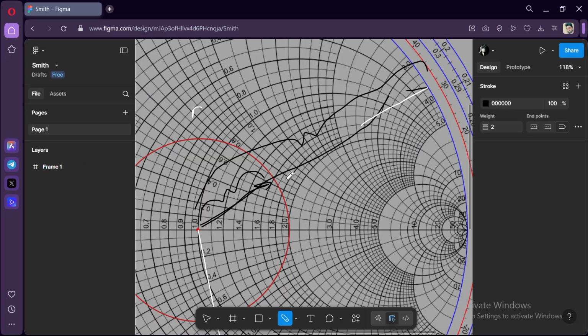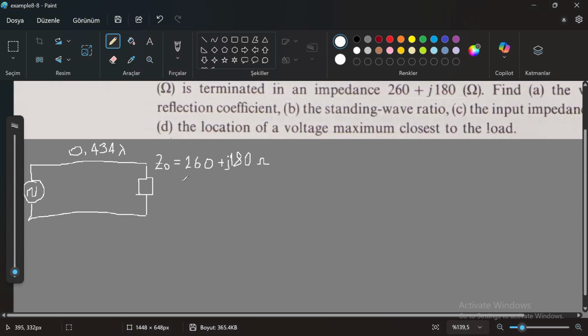To find this we need Z output normalized. Okay, we need to normalize this value to find that point on the Smith chart, because we cannot find these values on the Smith chart.